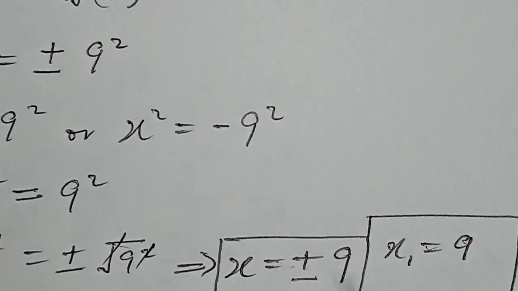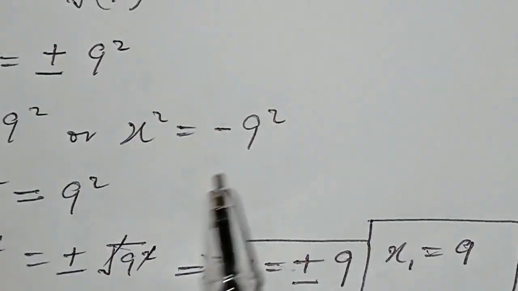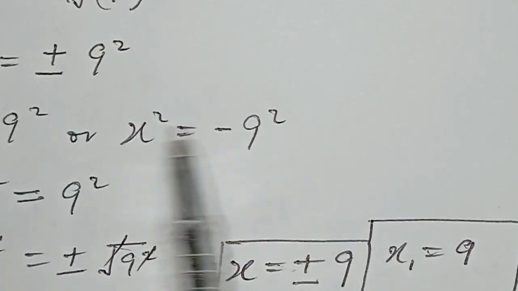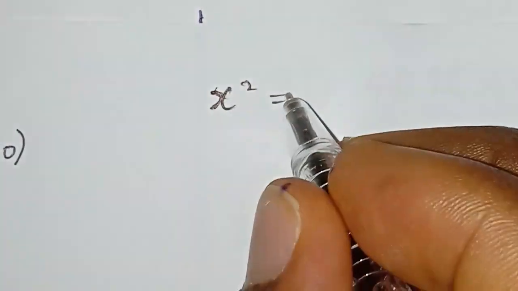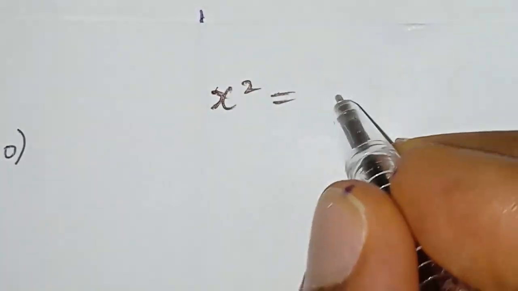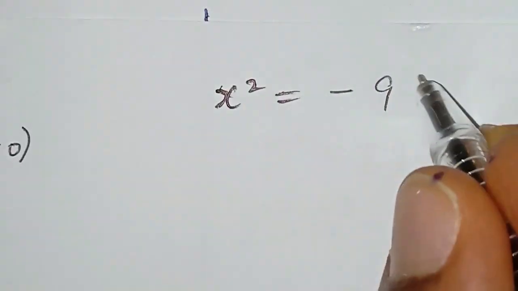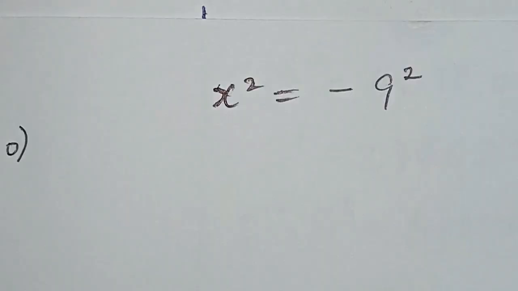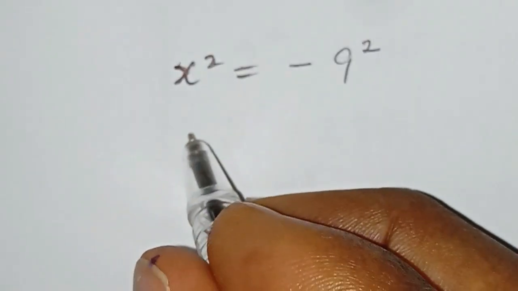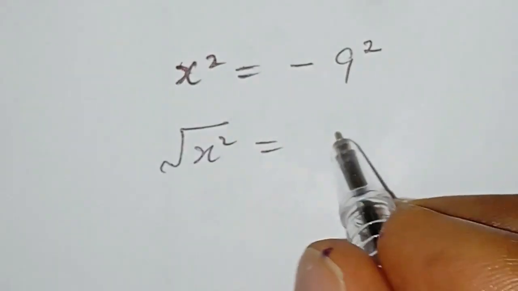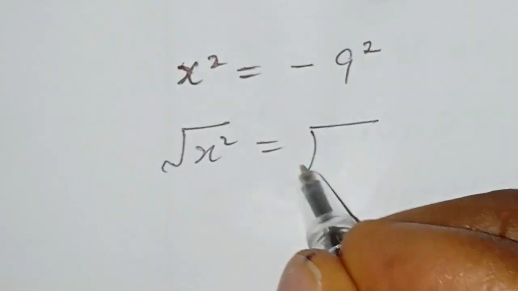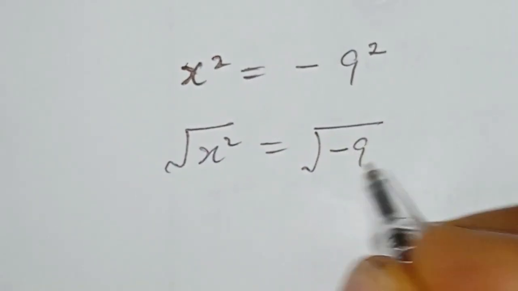Now let's find the solution of x for the other part. We have x squared equal to minus 9 squared. You can as well take the square root: the square root of x squared equals the square root of minus 9 squared.